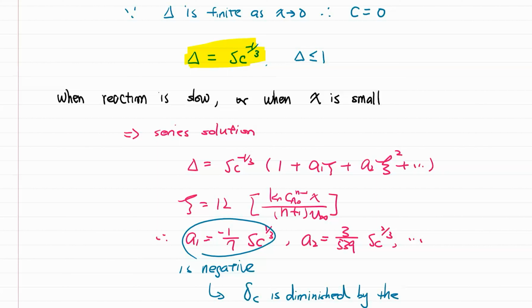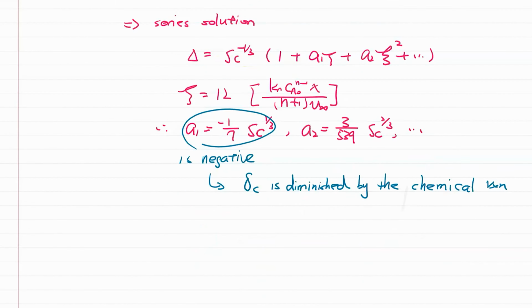And this is actually quite intuitive, right? If you don't have a chemical reaction, then the slightly dissolved species A would form your diffusional boundary layer. But if they are slowly reacted, then you can expect that your diffusional boundary layer would be thinner because the species A are depleted by the reaction. It's kind of intuitive, but we're just showing you this in a mathematical way.